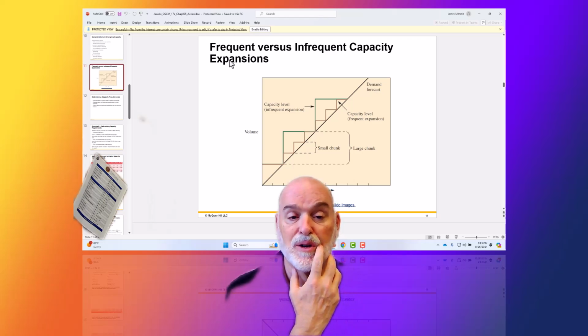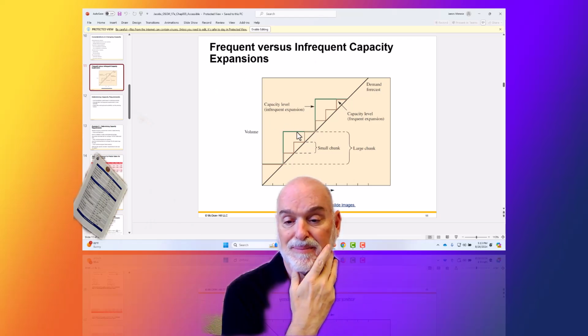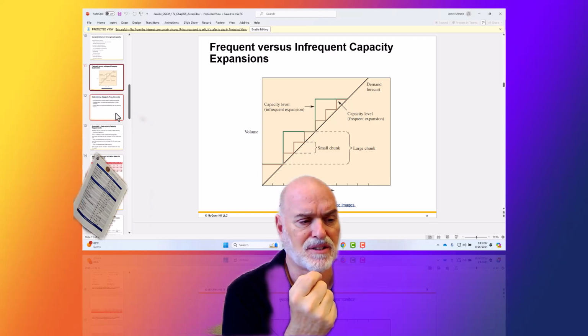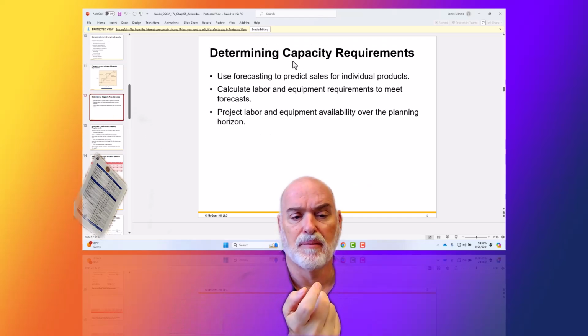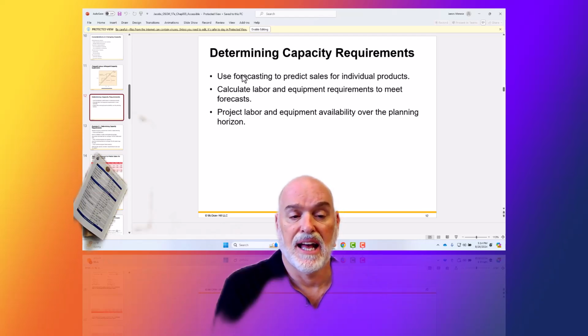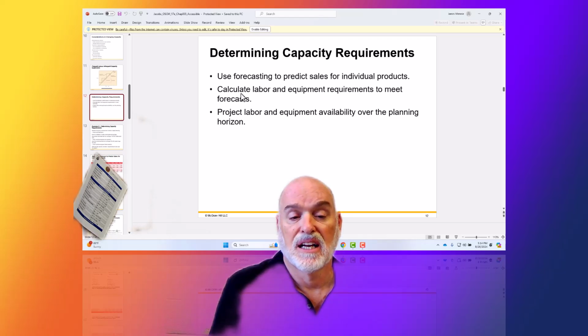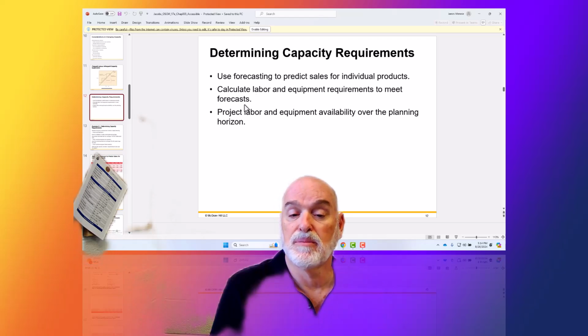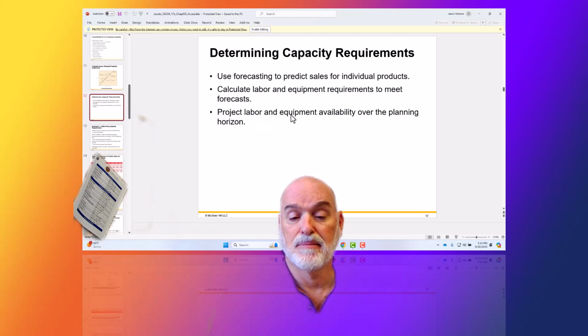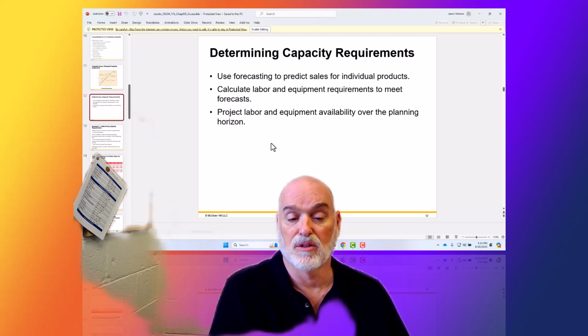Next, we have frequent versus infrequent capacity expansions. I'm not going to go through this one. You don't need to know that, but for forecasting, you have to determine capacity requirements. We use forecasting to predict sales for individual products, calculate labor and equipment requirements to meet the forecast, and project labor and equipment availability over the planning horizon.